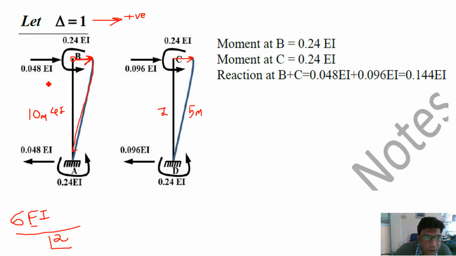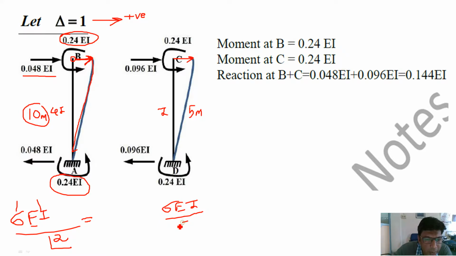So 6EI by L square, if you substitute 6 into 4EI divided by L square, 10 square is 100. So answer is 0.048EI. Sorry, 0.24EI. Moment is 0.24EI. Similarly, 6EI by L square for the right column, 6 into E into I divided by 5 square. So 6 by 25, again 0.24EI on the right column also.